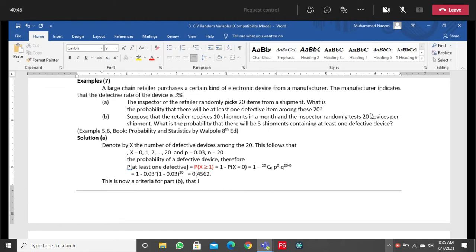What is this criteria? That in a shipment, if we have at least one defective item out of 20.